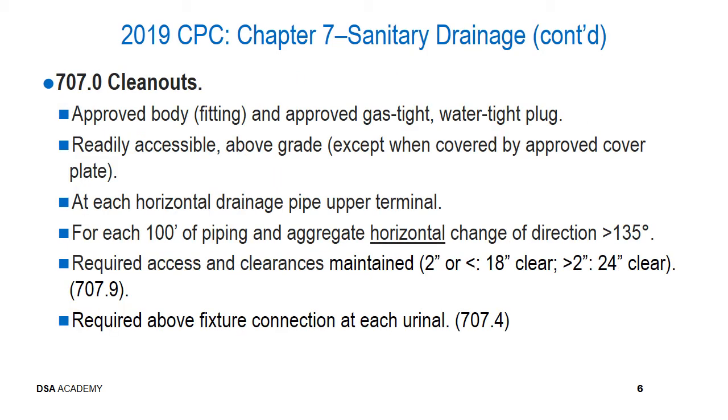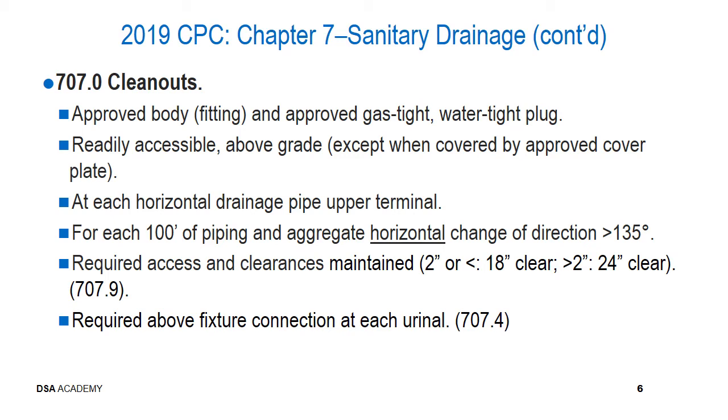Section 707 addresses the requirements for cleanouts installed in drainage piping. And an approved body, obviously a fitting, has got to be installed, and that particular fitting has to be accompanied with an approved gas-tight, watertight plug. The cleanouts have got to be readily accessible.